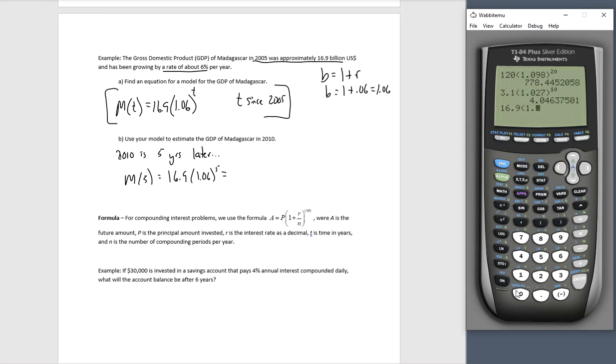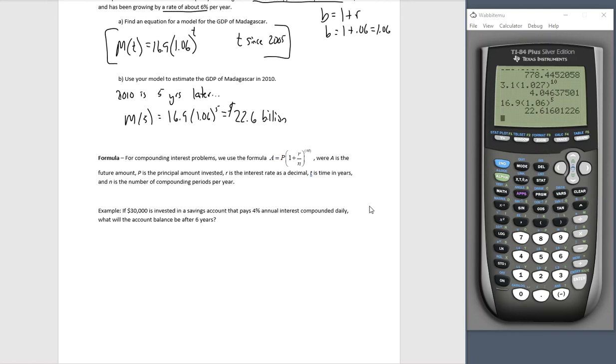Let's see. If it continued growing at that 6%, it should have been about 22.6 billion United States dollars. That's a lot. Why US dollars? Because I live in the States. That's what we use here. If I were in a different country, I would use a different country's money.